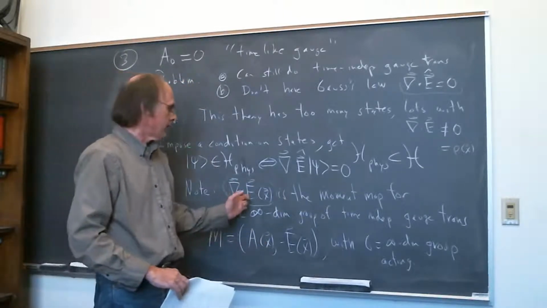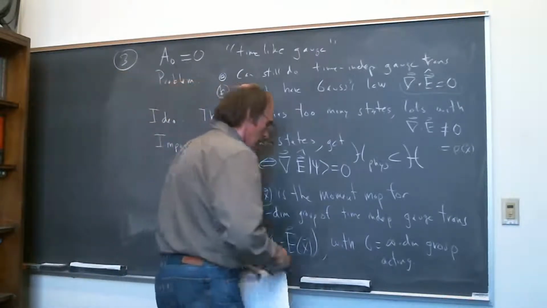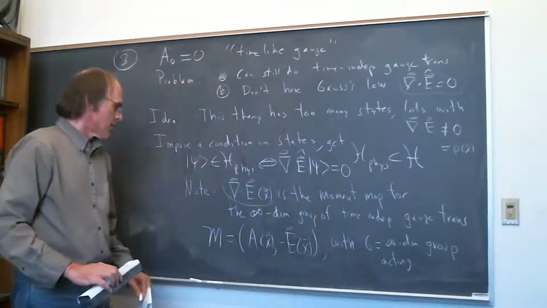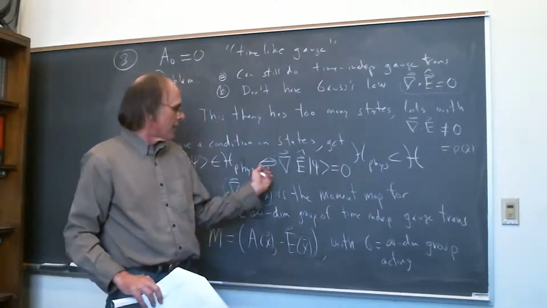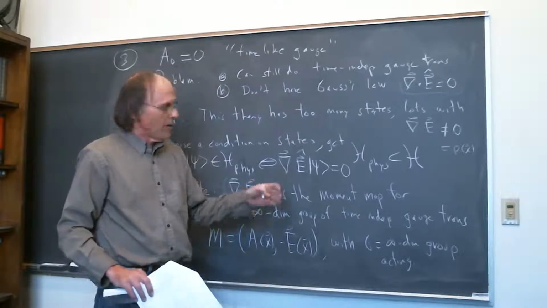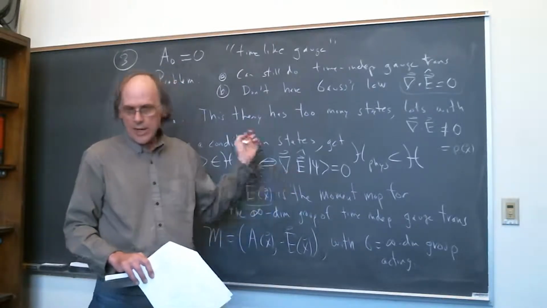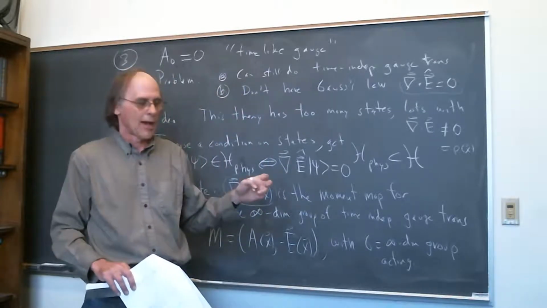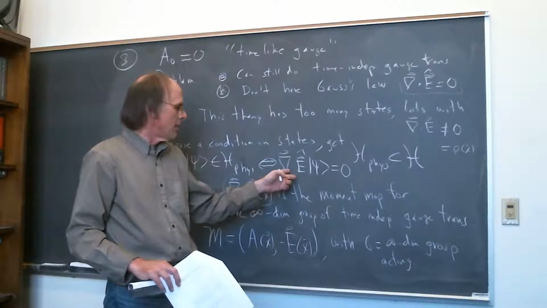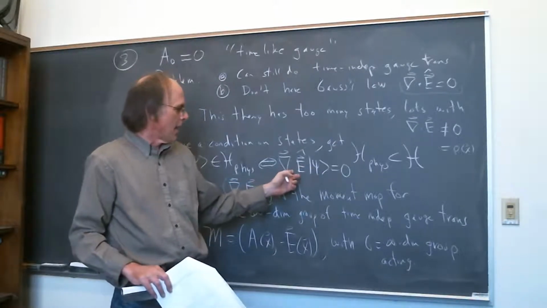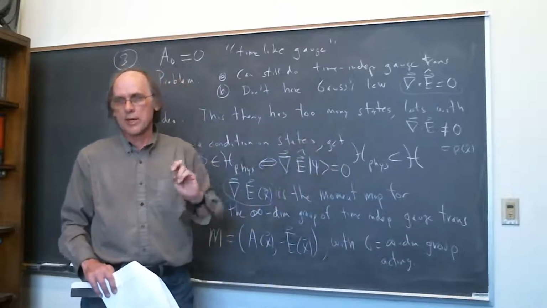So what you're doing is, in some sense, imposing the condition that the quantization of the function which gives you the moment map is imposed as an equation restricting the states to a physical state space.